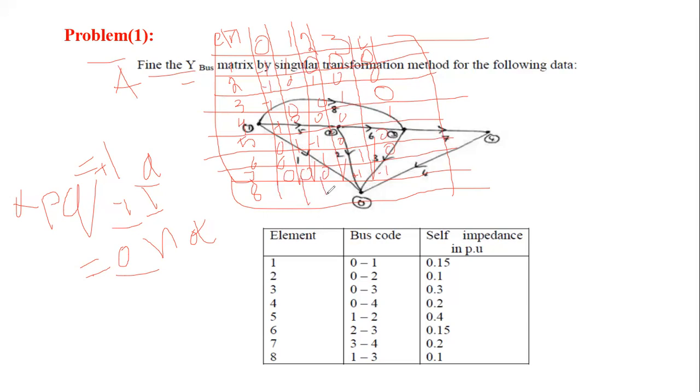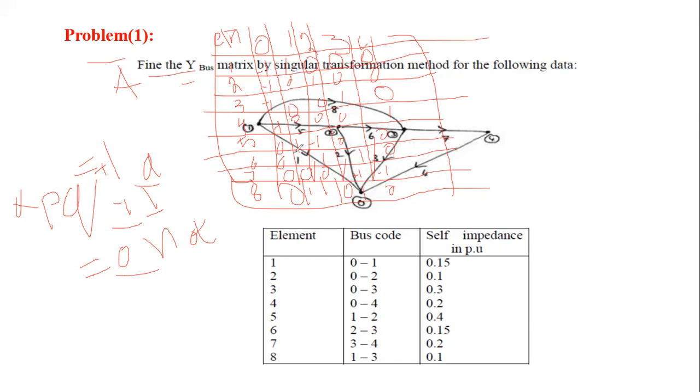Next, coming to the eighth element. That eighth element is placed in between the first and the third node. The remaining are zeros. Then we mention the signs. Element 8 is away from the first node.